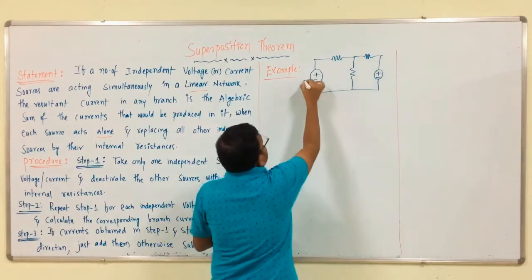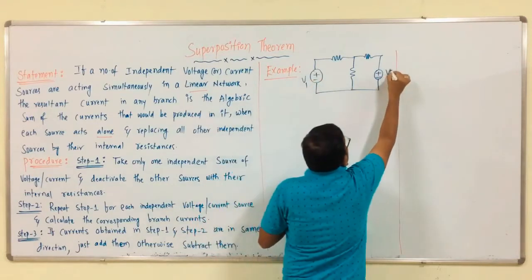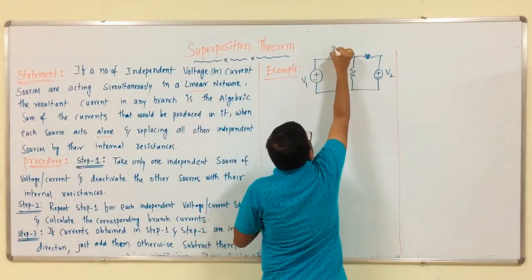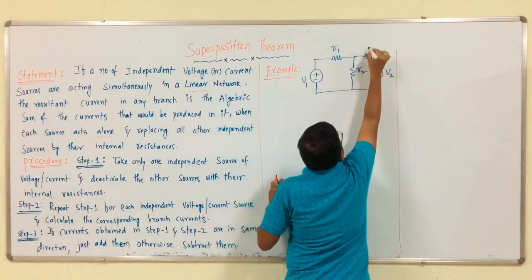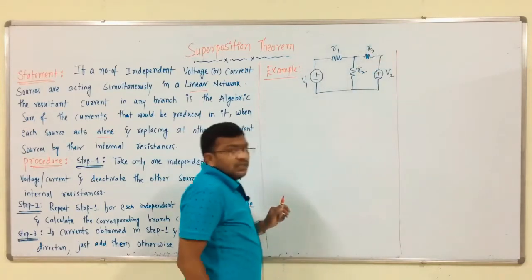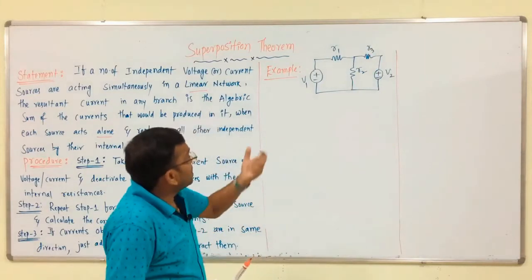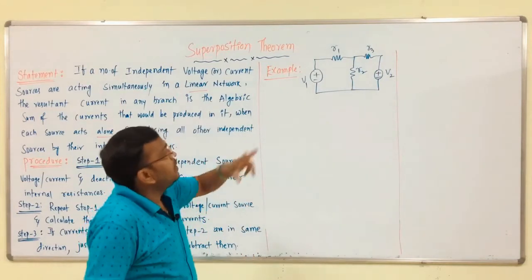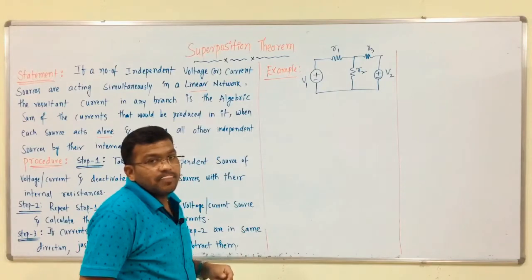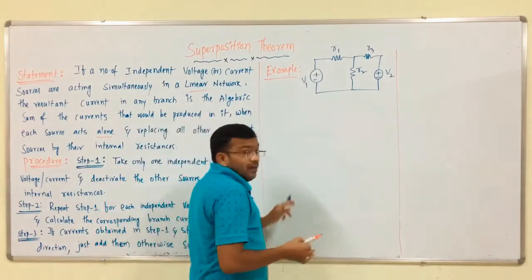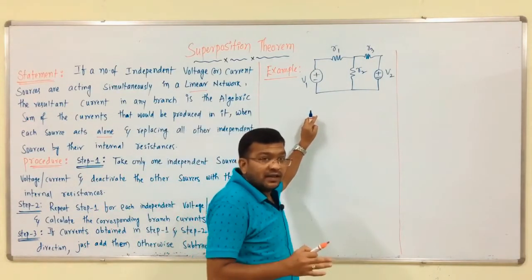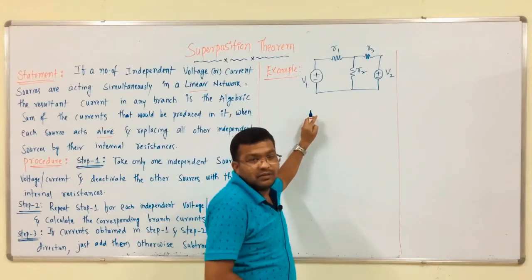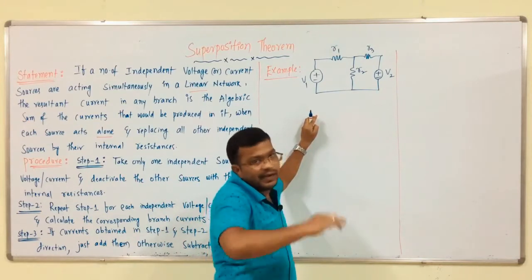This is V1, this is V2 and this is R1, R2, R3. This is a simple circuit which consists of two independent voltage sources and three resistances. And what is our assumption? The current direction is our own assumption, whether it is clockwise or anti-clockwise.